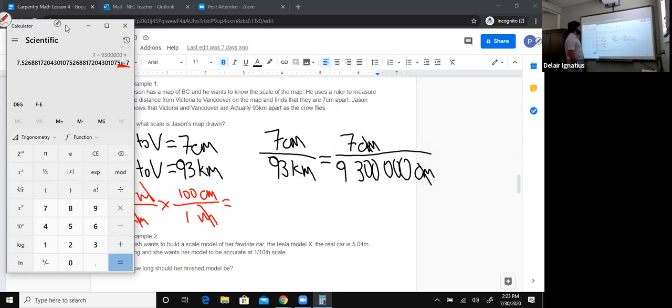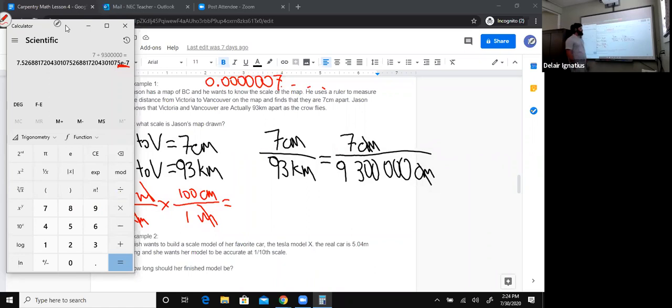So if I was to write this number without scientific notation, it would be 0.0000007 and then all those numbers. But that's a pain to write.